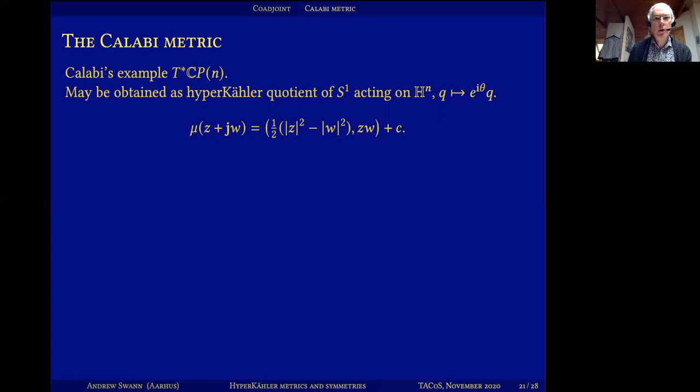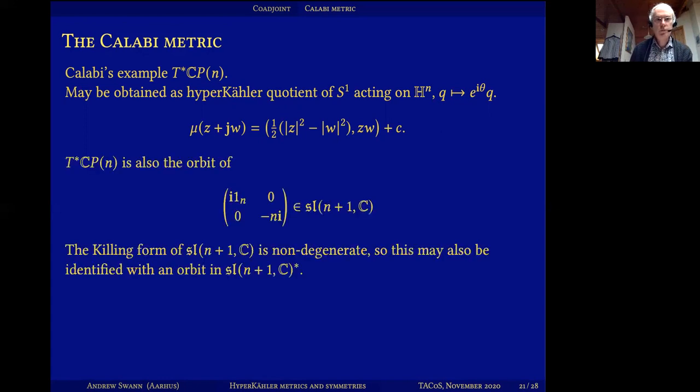Then the HyperKähler moment map on Z + jW, with Z and W in C^n, is given by the difference of the squared lengths of Z and W in the real part, and the complex part can be combined to be just the product, Z transpose W. So you can get the cotangent bundle that way.